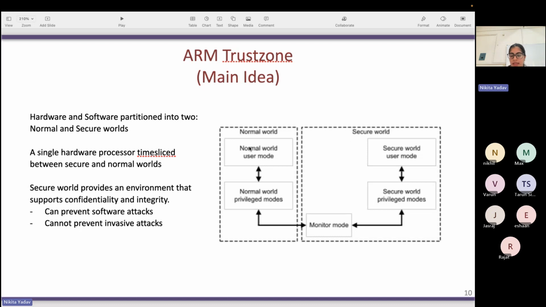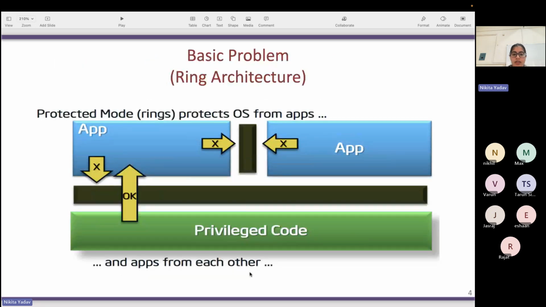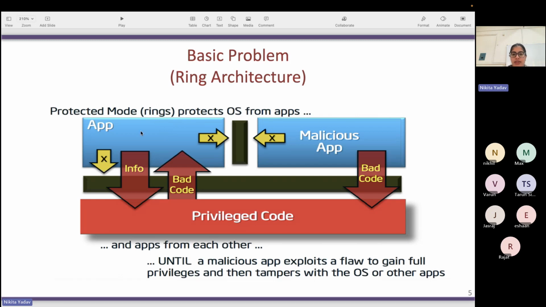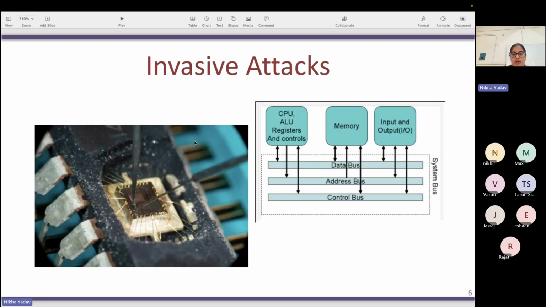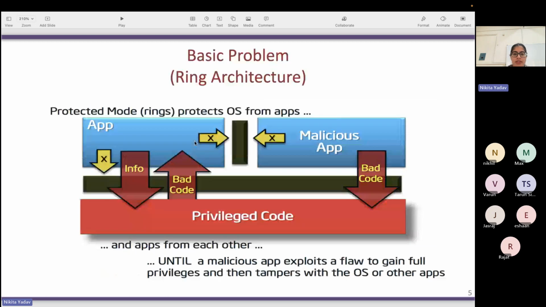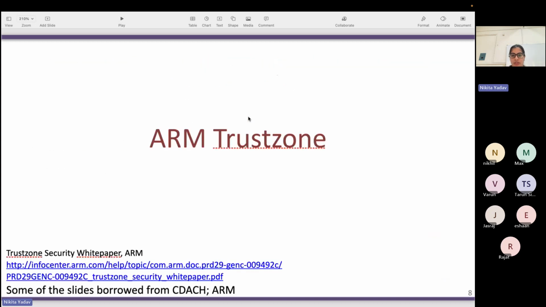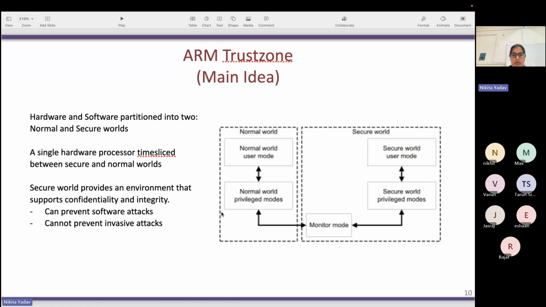Here in this picture you can see only the software components. What we discussed earlier, all of this part, is now going to run in the normal world. You can map this figure, the application, malicious application, and this OS, right here in the normal world.